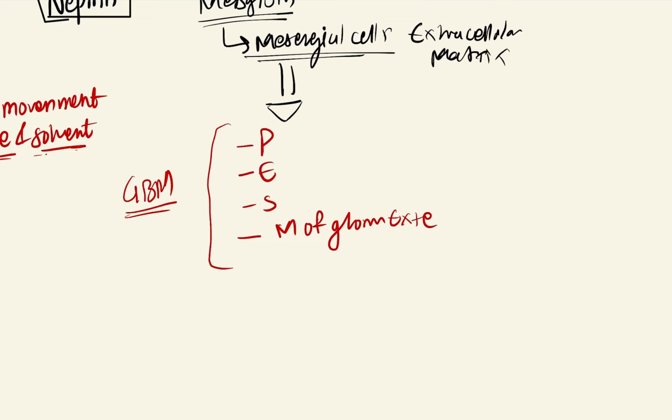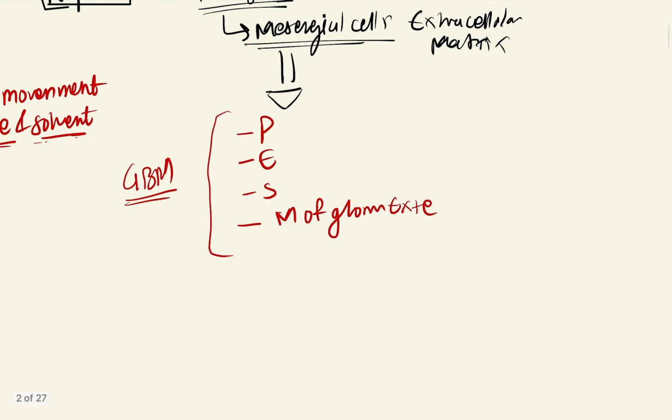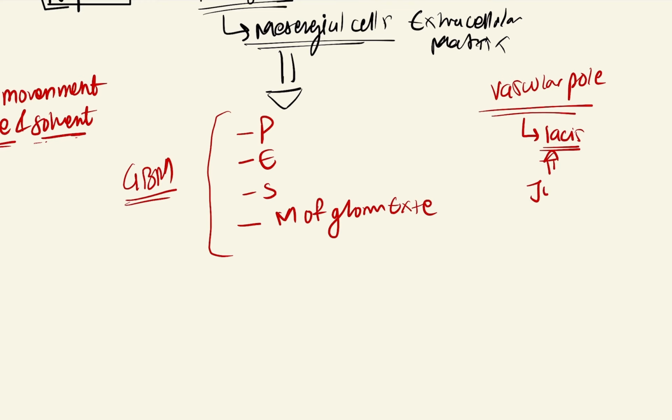Along the renal corpuscles, outside these renal corpuscles, there are vascular poles. You can recall there is a vascular pole on one side. On the vascular pole there is presence of something called Lacis cells, and these Lacis cells are part of the juxtamedullary apparatus.